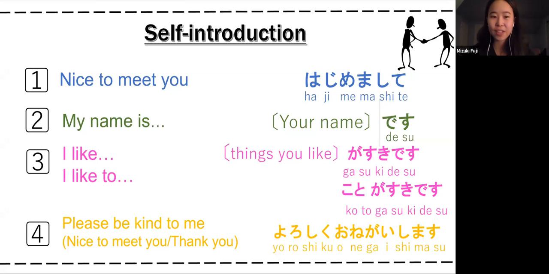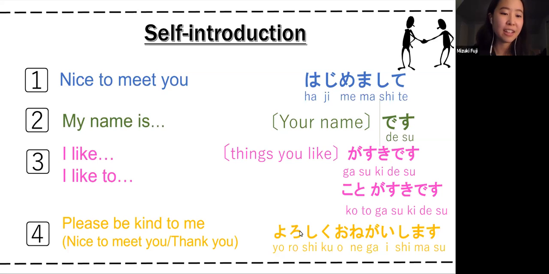Then 3, I like ... is ...が好きです or ...ことが好きです. If you like apple, it's リンゴが好きです. Or for example, if you like playing baseball, it's 野球をすることが好きです.